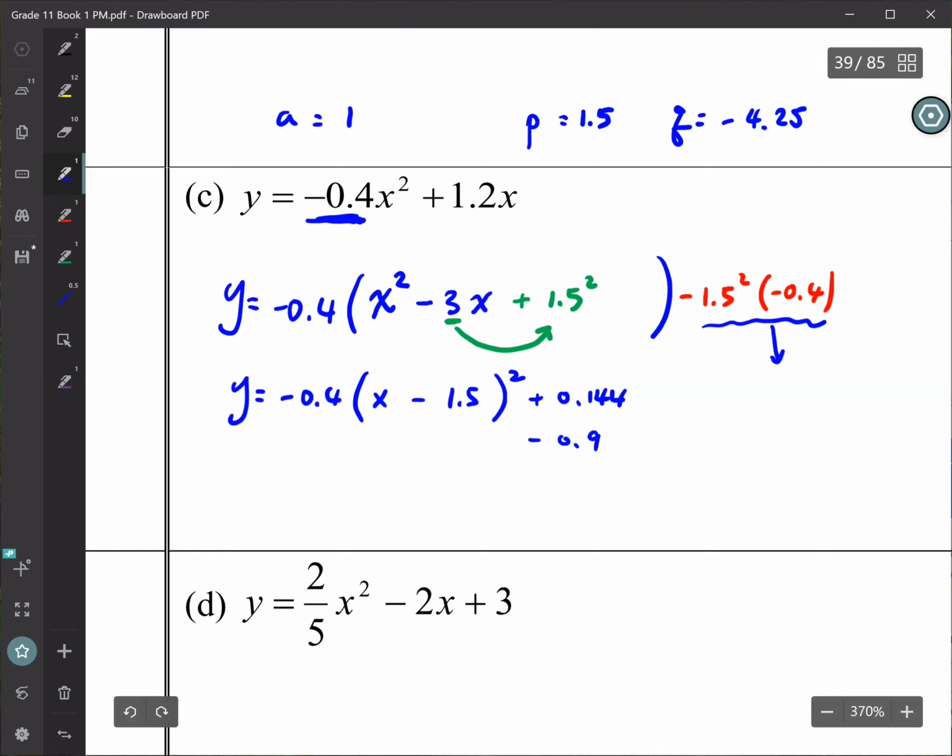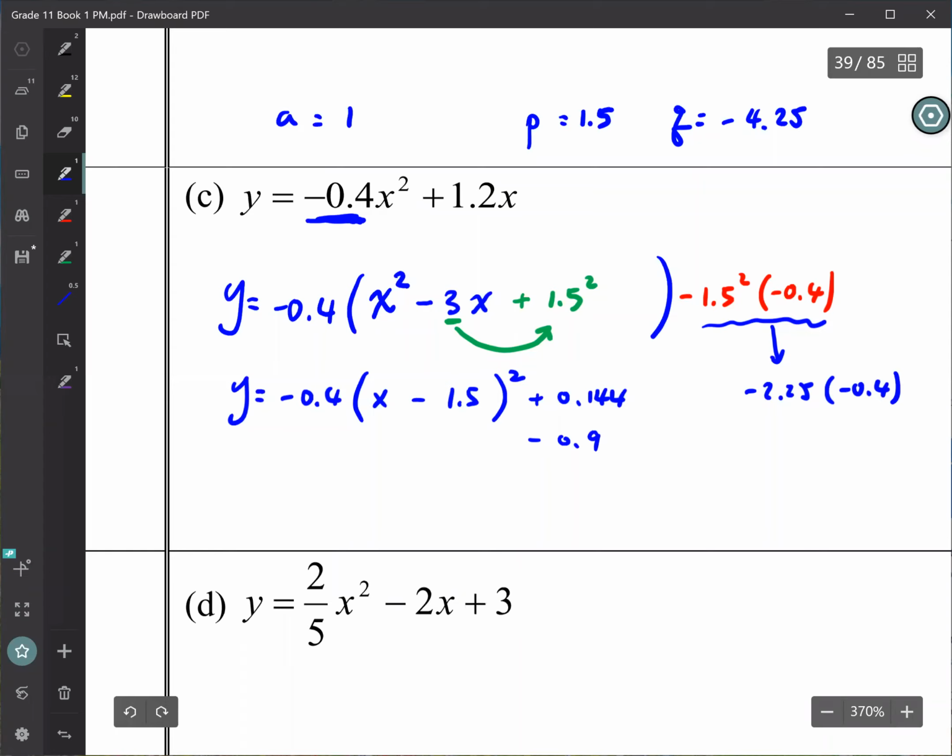Okay, how to do this properly. The 1.5, let's square that. 1.5 squared. What do you get? Negative 2.25. Yeah, negative 2.25. And then you times it by negative 0.4.